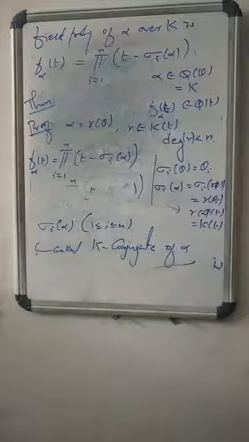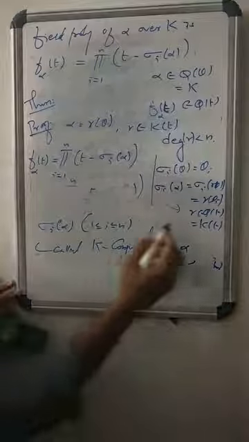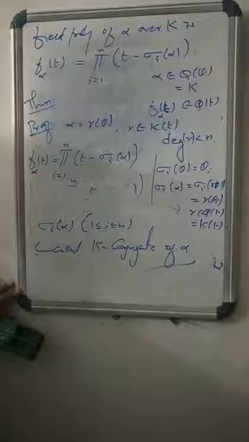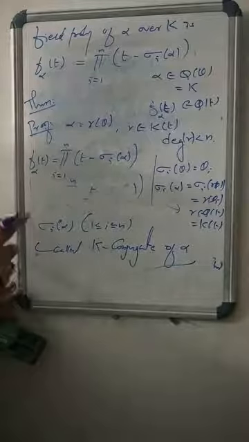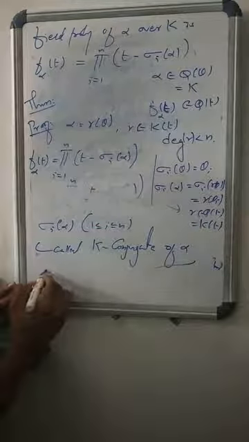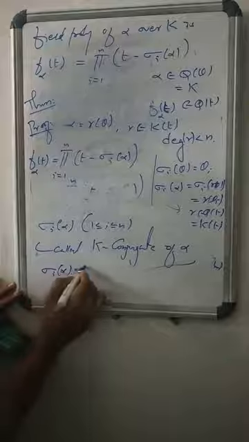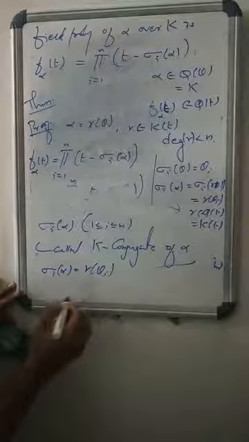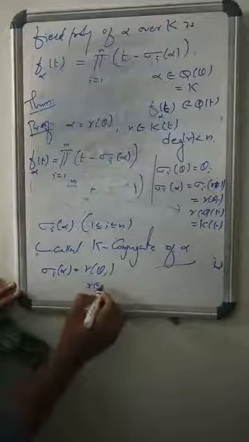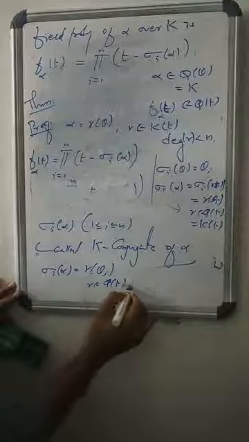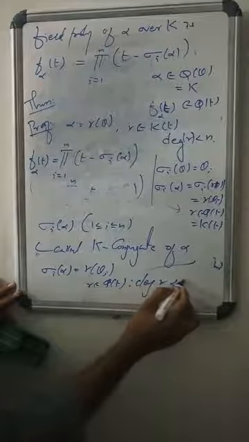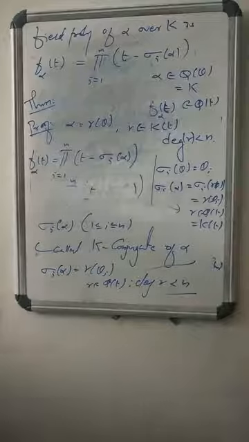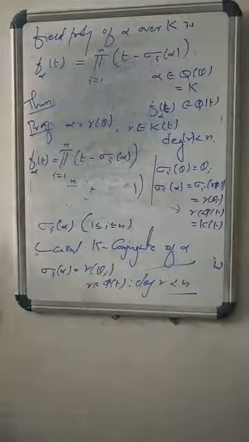Sigma i alpha, where i ranges from 1 to n, are called the k conjugates of alpha. The k conjugate of alpha is denoted as sigma i alpha, and is defined as r of theta i, with r in q of t and degree of r strictly less than n. So this is the definition of the k conjugate of alpha.